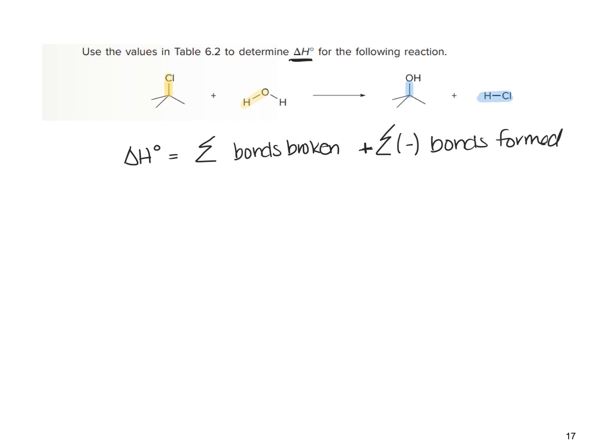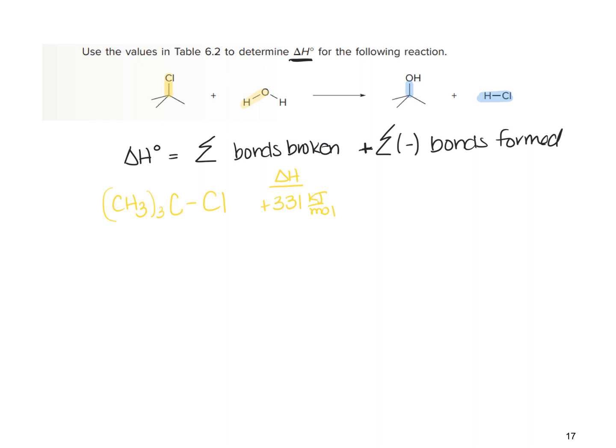So now let's look at the bonds that are broken. Okay, so we've got that CH3, and there's 3 of them there. So 1, 2, 3, and there's a central carbon, Cl, okay? And the delta H for that is positive 331 kilojoules per mole.